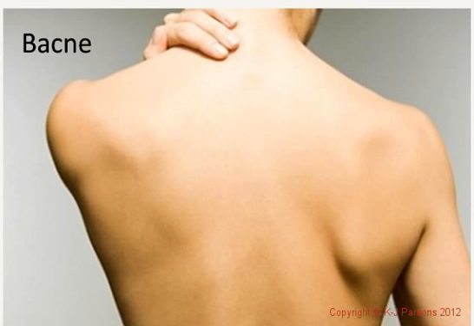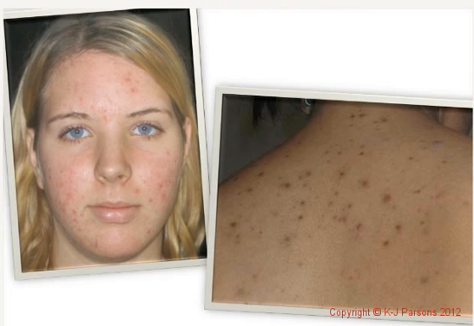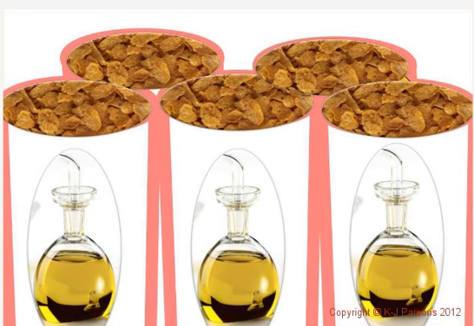So the difference between acne and Bacne is, well, not much, except one's on your face and one's on your back. The primary cause of any acne is the overactive sebaceous gland creating too much oil, mixing with the dead skin cells or the cornflakes that then cause a plug over the opening of our pores.